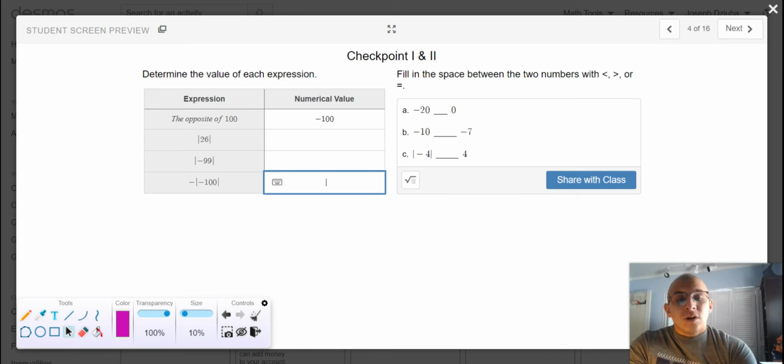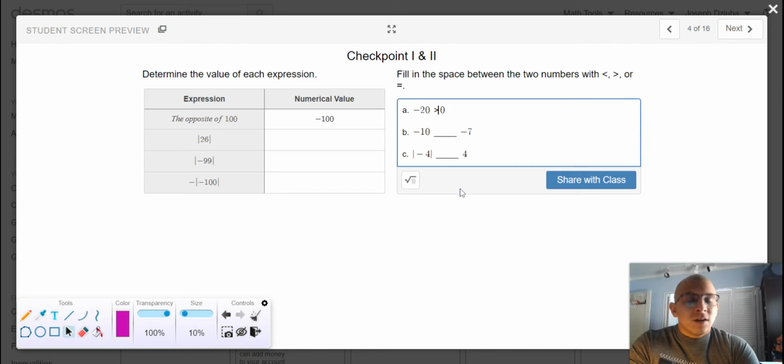Make sure that you first apply the absolute value prior to dealing with this negative that's located outside of it. Healthy hint. And then in checkpoint 2, fill in the space between the two numbers with a less than, greater than, or equal to symbol. So just highlight these bars and you can place in your symbol accordingly.